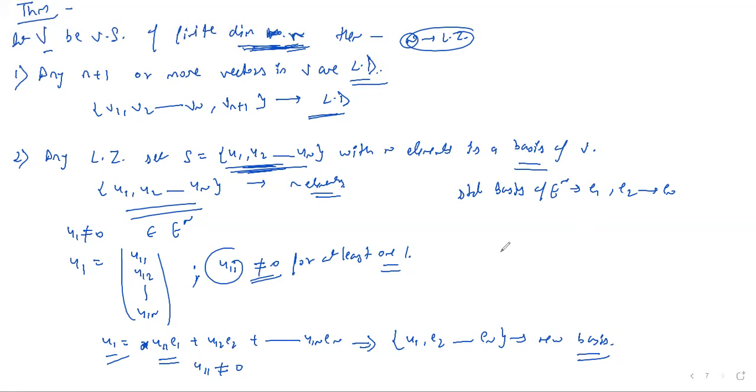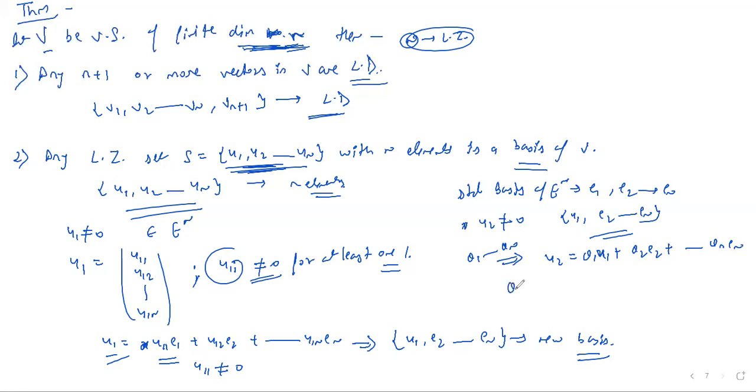Similarly, again let's consider the second vector u2, which is not equal to 0. As our new basis is u1, e2 to en, this u2 vector can also be represented as a linear combination of these basis vectors, for scalars theta 1, theta 2 to theta n. Then u2 can be represented as theta 1 u1 plus theta 2 e2 to theta n en.